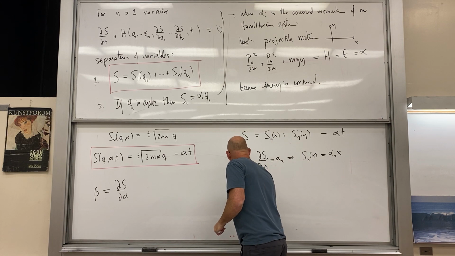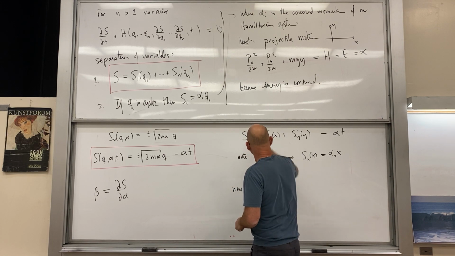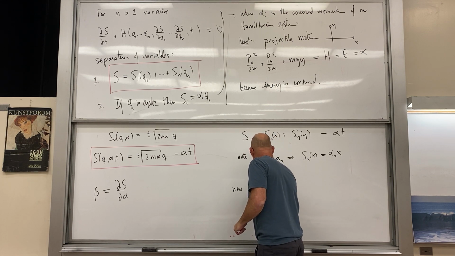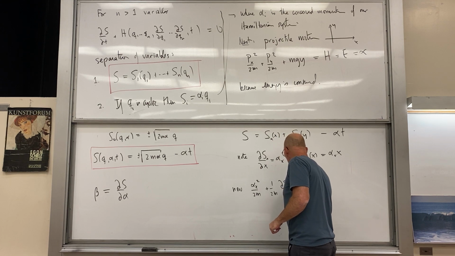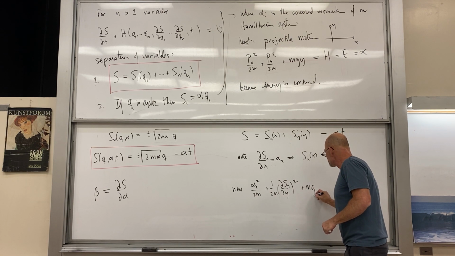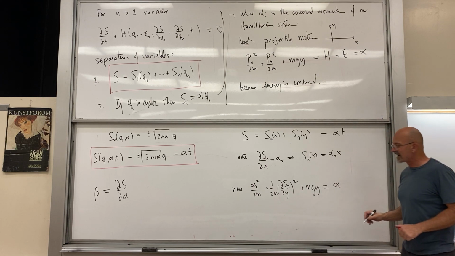So now we have, I'll just write it out. The p_x is the alpha_x, so we got alpha_x squared over 2m plus 1 over 2m dS_y/dy squared plus mgy is equal to E, which is that alpha.